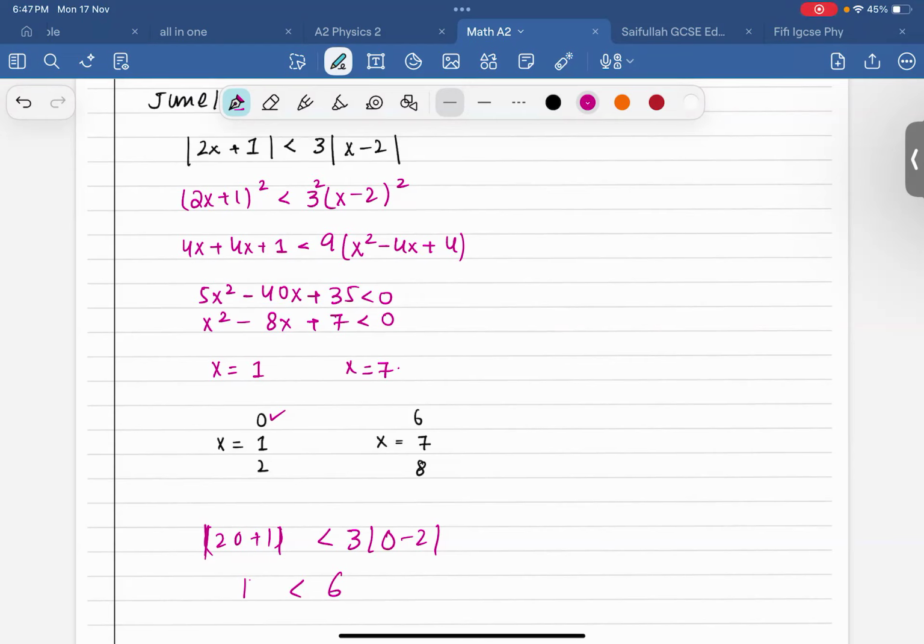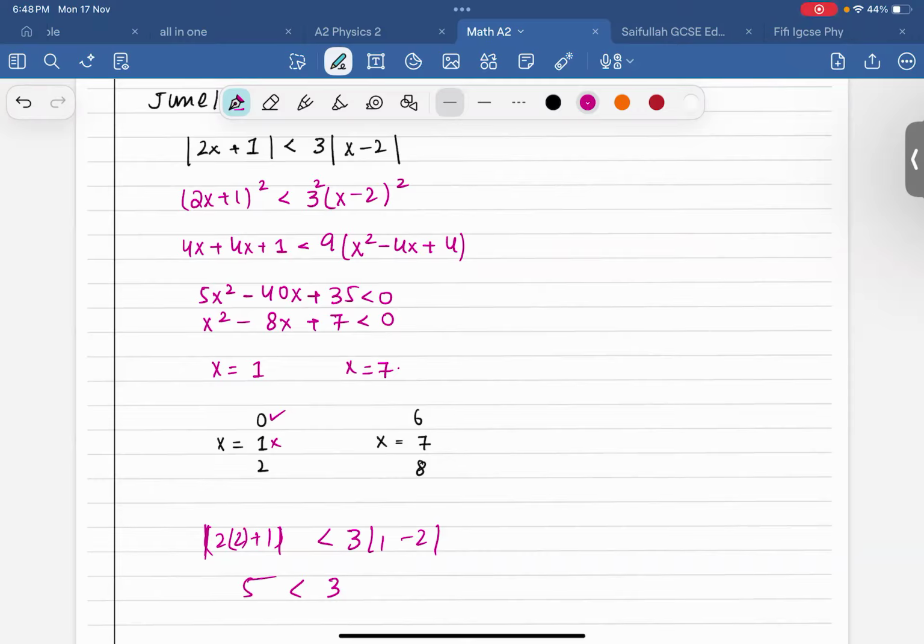But if I put 1 in, it won't make sense, because 2 times 1 plus 1 becomes 3, and 3 times 1 minus 2 is negative 1, the modulus of which is 1, so 3. Then 3 is less than 3 doesn't make sense, right? So this is not making sense. Maybe 2 won't make sense either. So 2 times 2 is 4, plus 1 is 5.